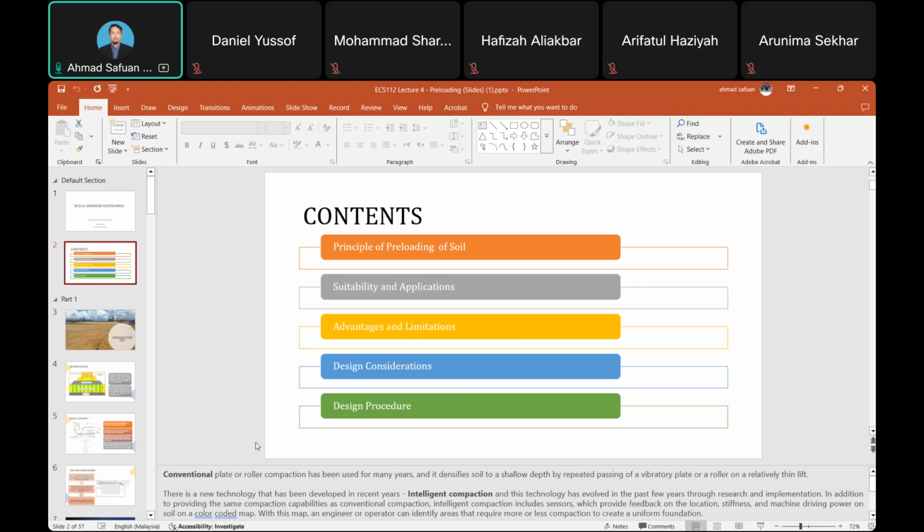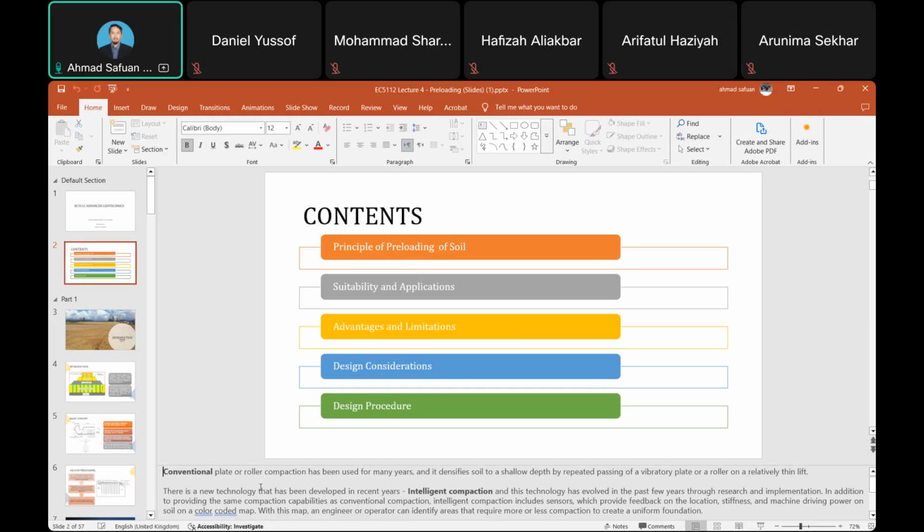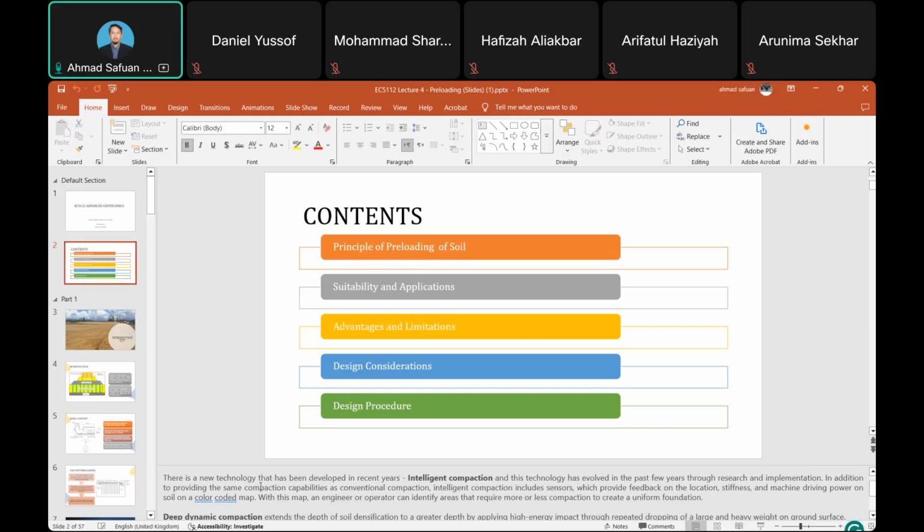There is a new technology that has been developed in recent years. They call it intelligent compaction, and this technology has evolved in past years through research and implementation. In addition to providing the same compaction capacity as conventional compaction, intelligent compaction includes sensors which provide feedback on the location, stiffness, and machine driving on soil on a color code map.